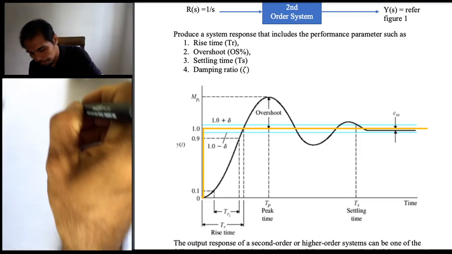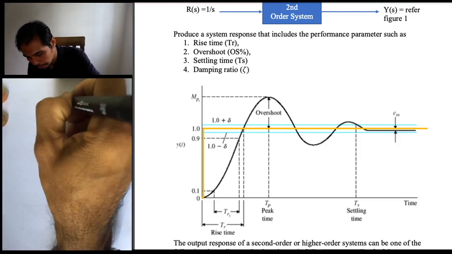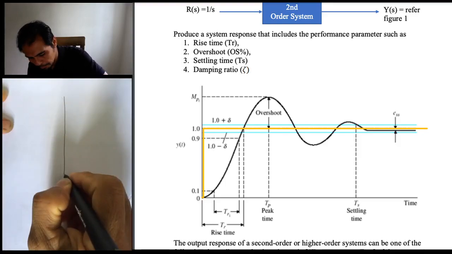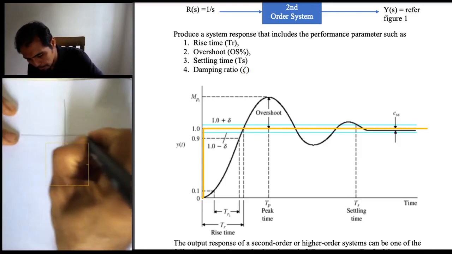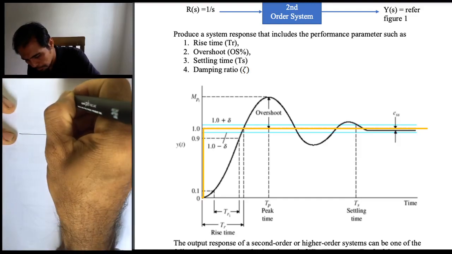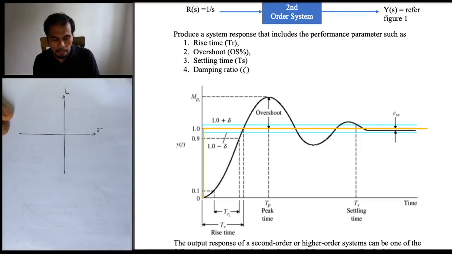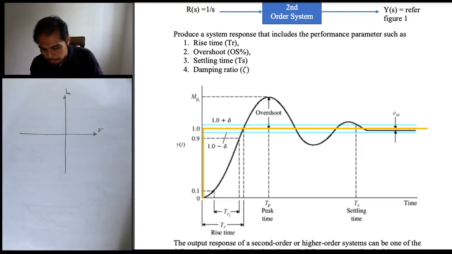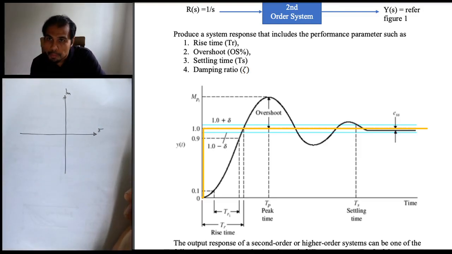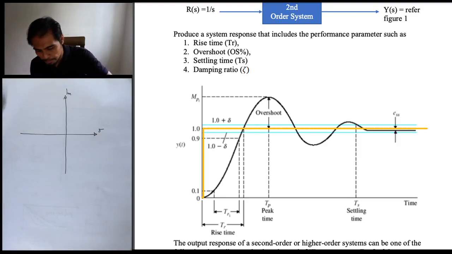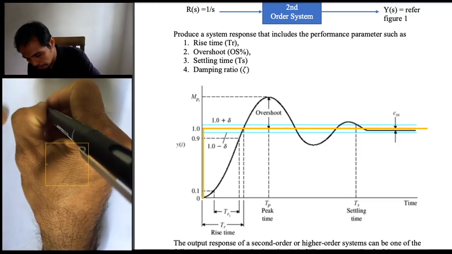Okay, let me draw. There is the imaginary axis and the real axis. Let's choose one complex root and put it here.